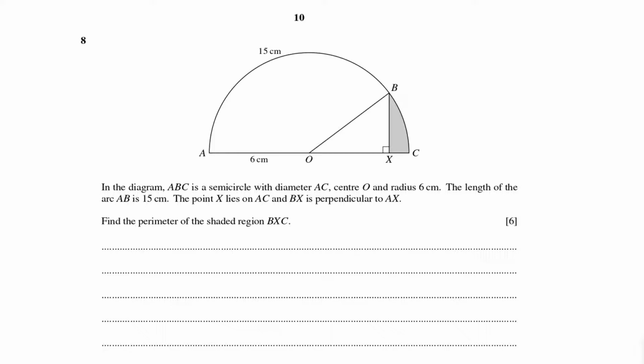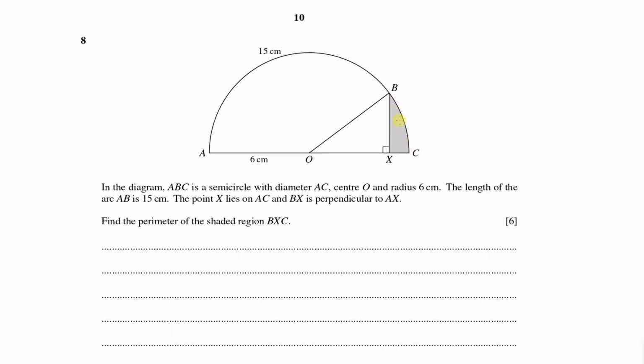Find the perimeter of the shaded region BXC. So we have all this information describing what's on the diagram here. And they want us to find the perimeter of the shaded region right over here. So to find the perimeter of the shaded region, we shall need to know what BX is, what XC is, and what the length of the arc BC is.